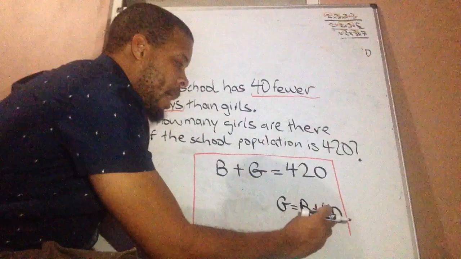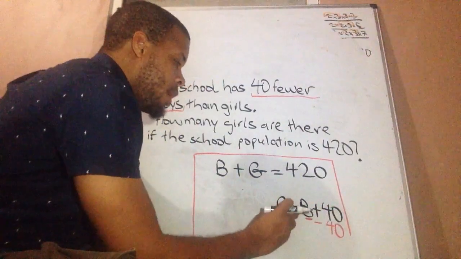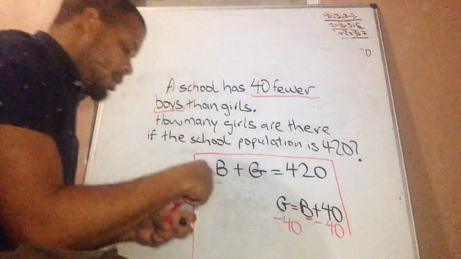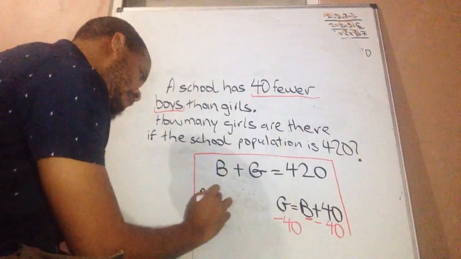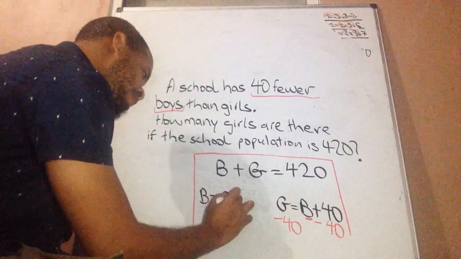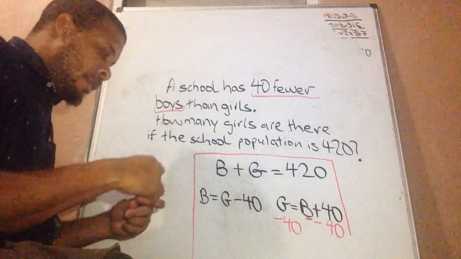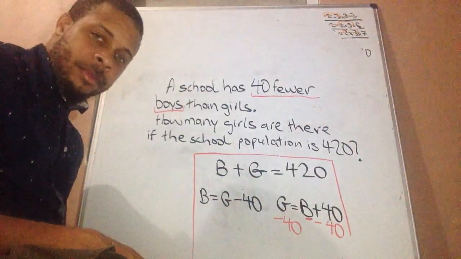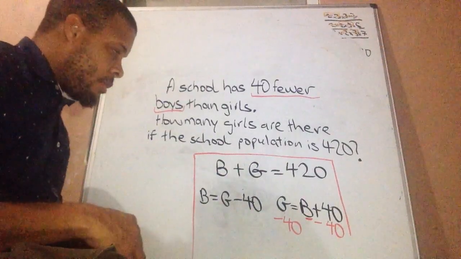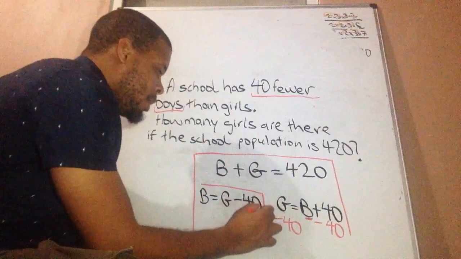So we minus 40 from here, minus 40 from here. Therefore, B is equal to G minus 40. That makes all the sense in the world.